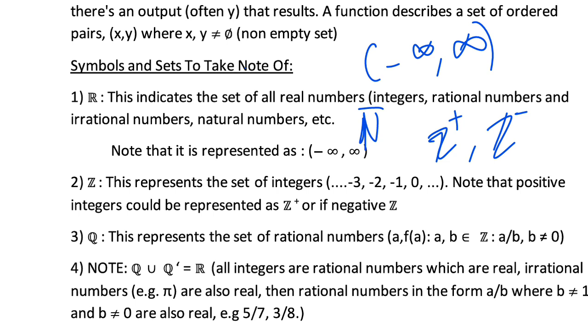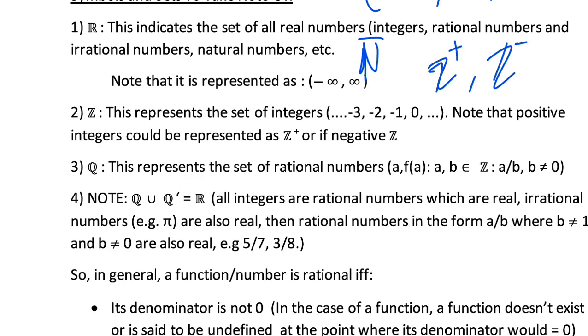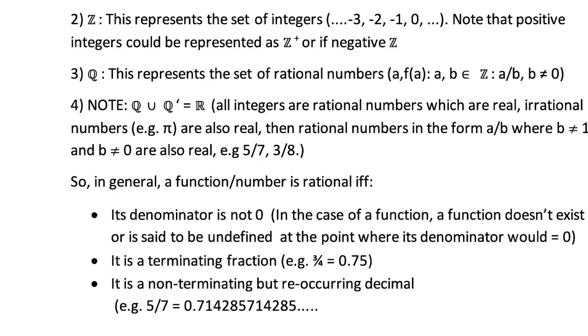Then now let's move to what are the conditions for a function or a number to be said to be rational. So in general, a function or a number is rational if and only if, number one, the denominator is not 0. In the case of a function, if the denominator is 0, the function does not exist at that point.